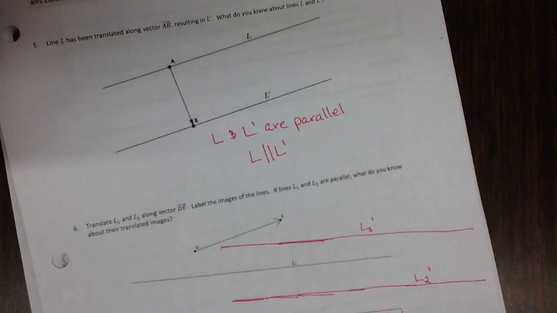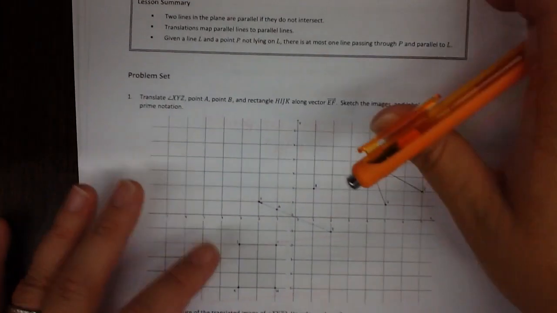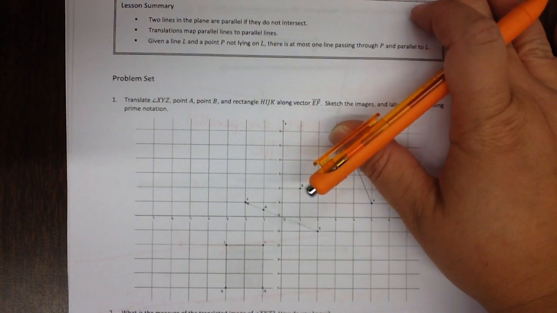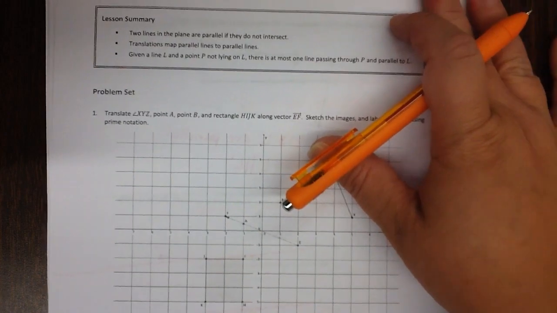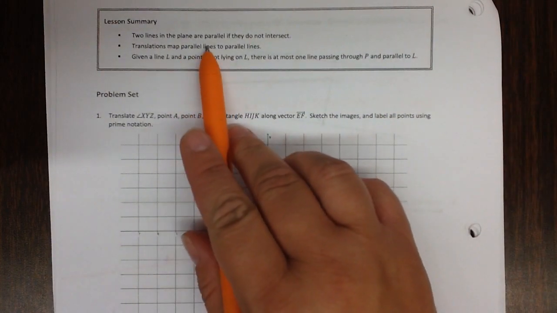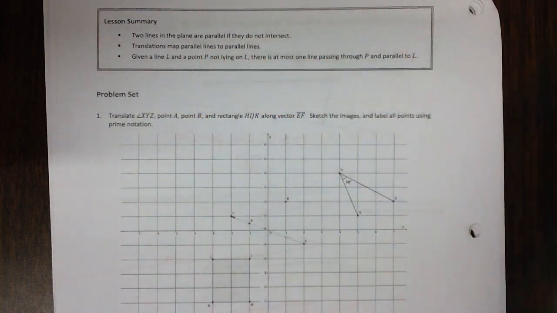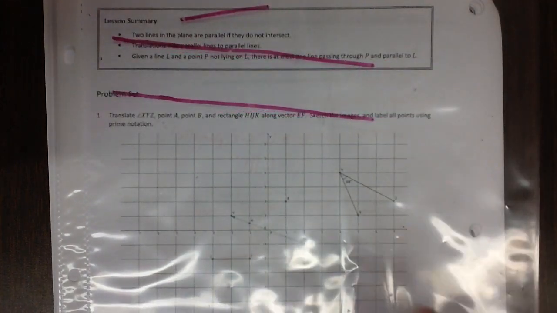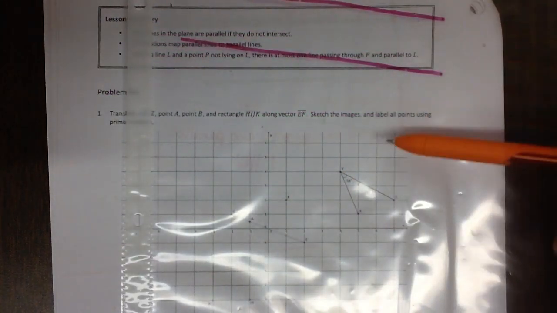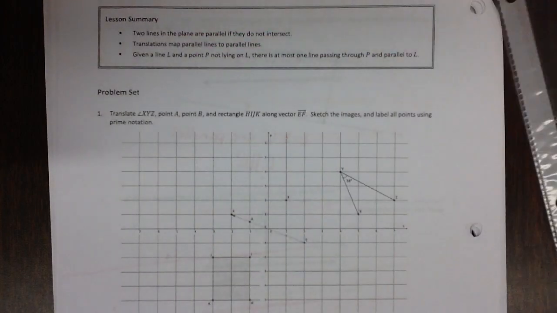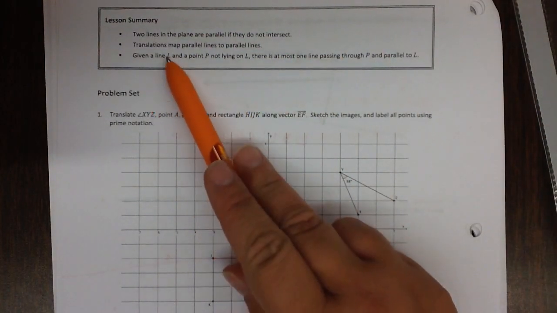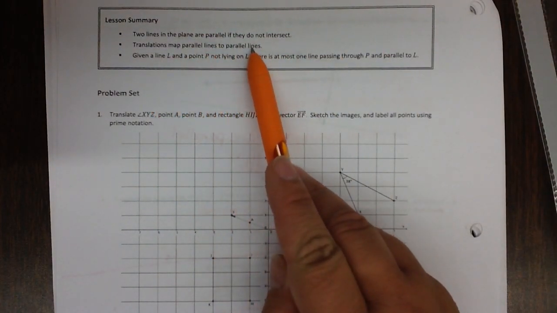Alright, so to summarize this up. Two lines in the plane are parallel if they do not intersect. So when we translated these, they remained parallel. A translation maps parallel lines to parallel lines, and all this mapping means is that we moved it.